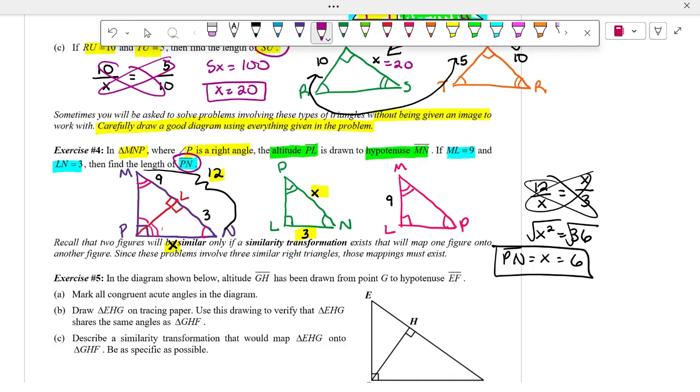So watch this. So if we look here, here's my original. All right, let's say I oriented it like this one. This one would be the one that goes up top.